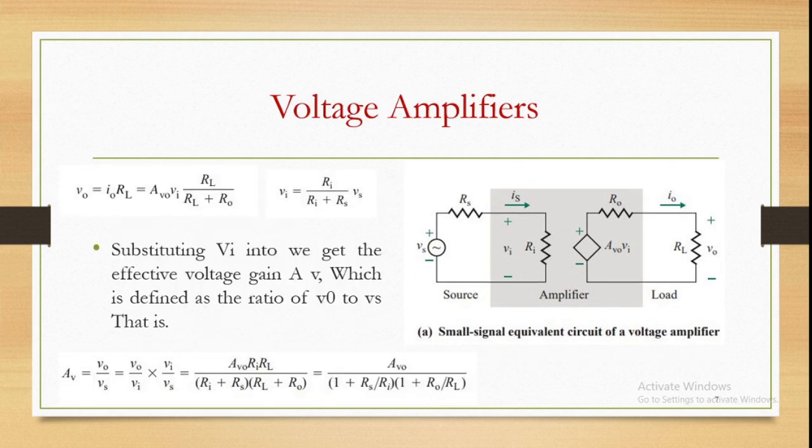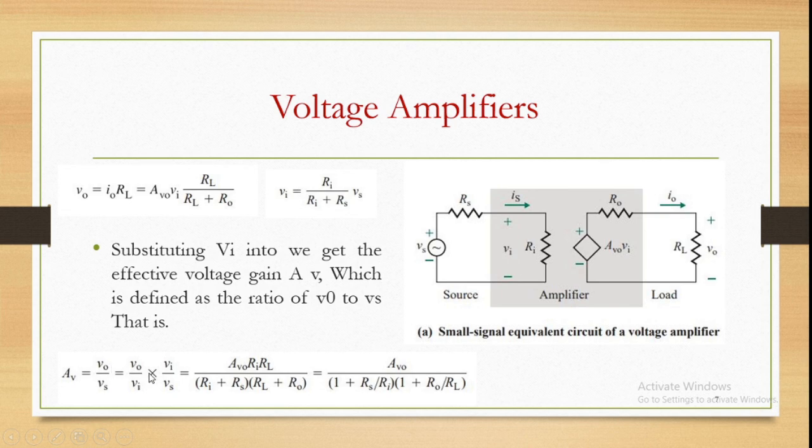If we have to find the gain of the amplifier, we need to substitute Vi into the effective voltage gain AVs formula. What is the AVs formula? The effective voltage gain is given by the output voltage V0 divided by the input voltage Vs. The value of Vs is inside Vi, so we can do a slight modification: multiply and divide by Vi in this effective voltage gain formula.